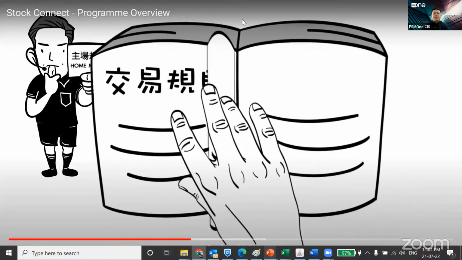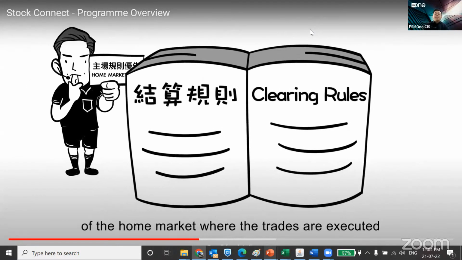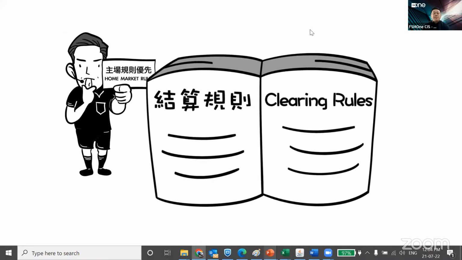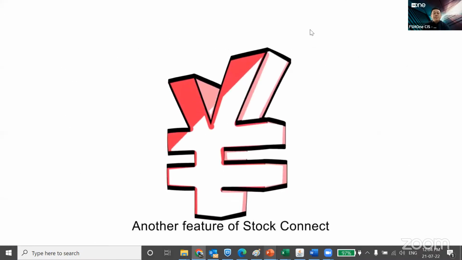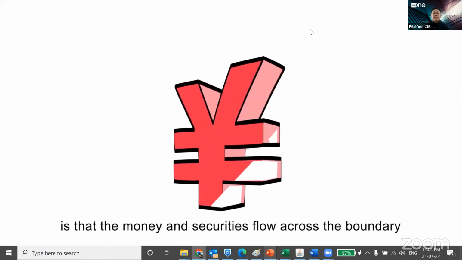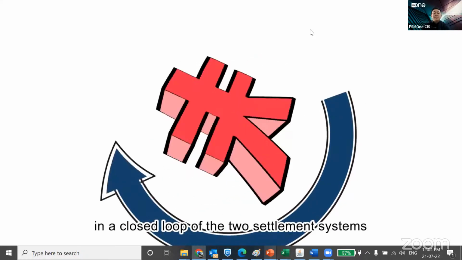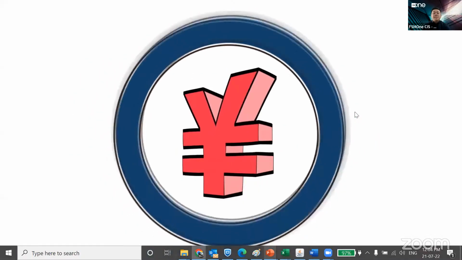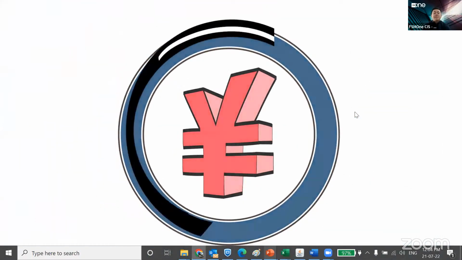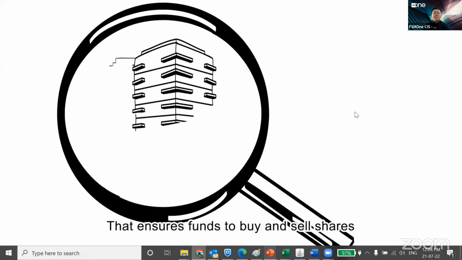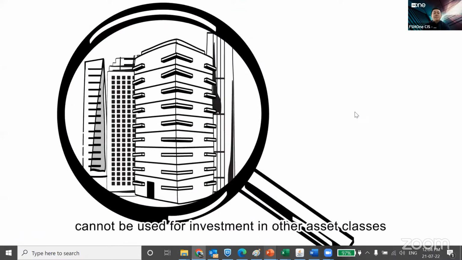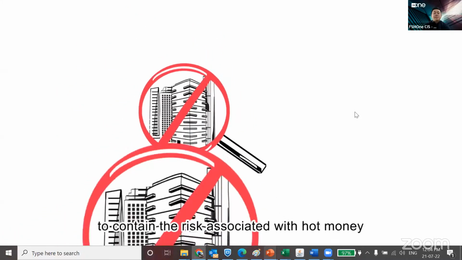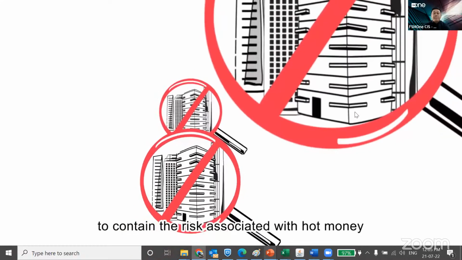And third, the trading and clearing rules and practices of the home market where the trades are executed will not be changed. Another feature of Stock Connect is that money and securities flow across the boundary in a closed loop of the two settlement systems under the clearing link arrangement. That ensures funds to buy and sell shares cannot be used for investment in other asset classes, such as real estate, to contain the risk associated with hot money.